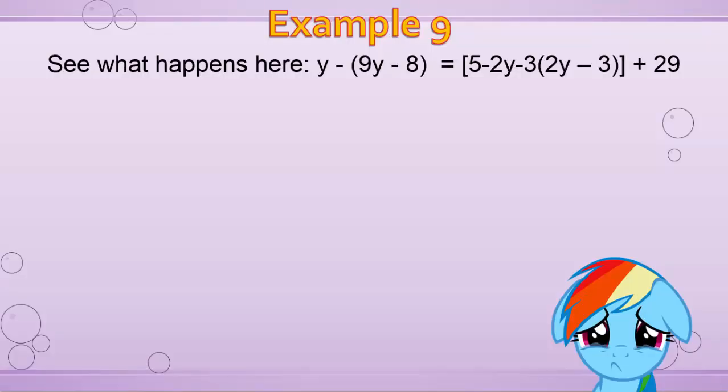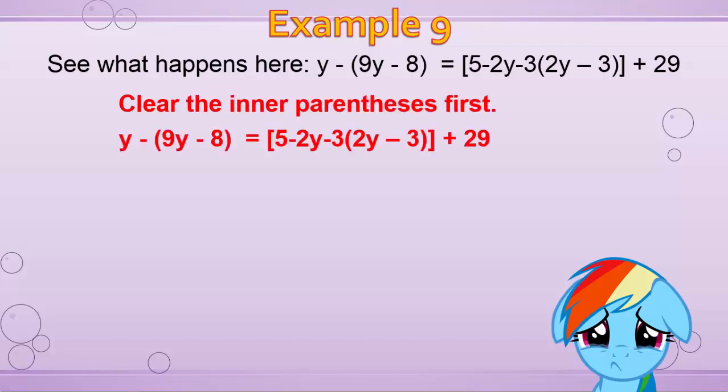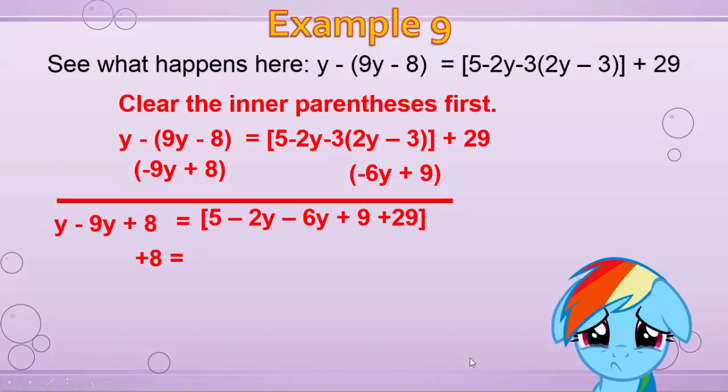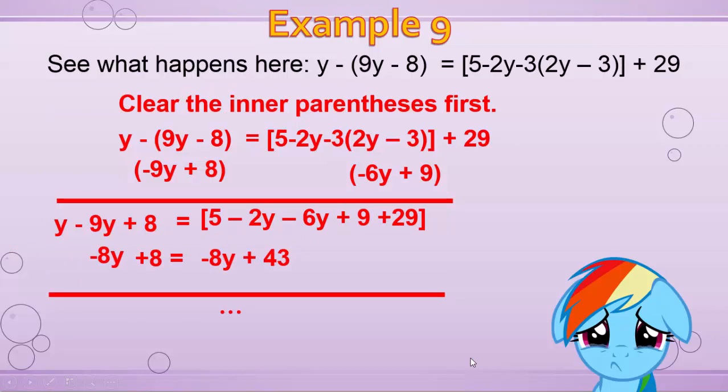In reviewing what we just did on the whiteboard, we cleared the inner parentheses first, or the inner brackets first. We combined like terms. And we found that we got 0, which is not equal to 35.